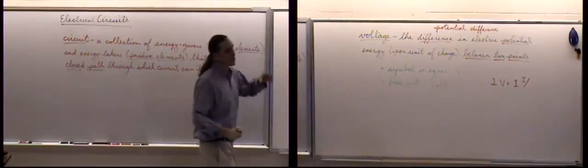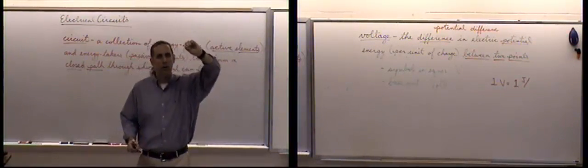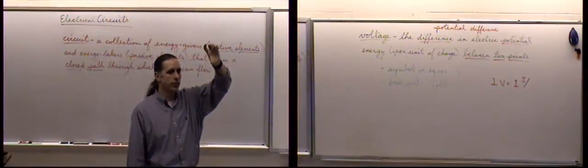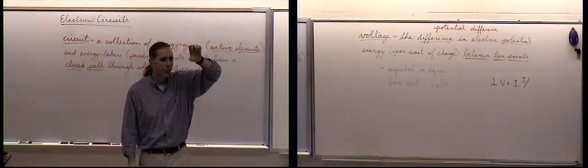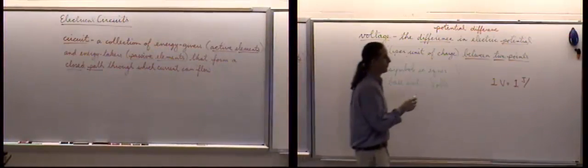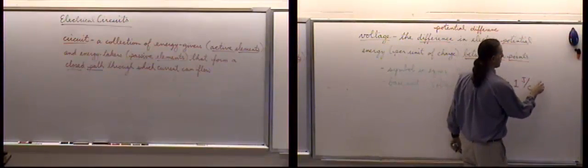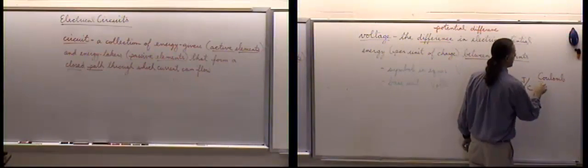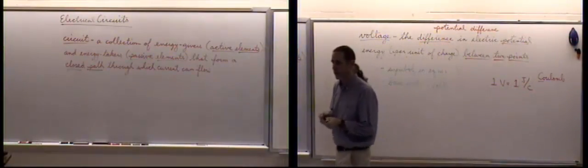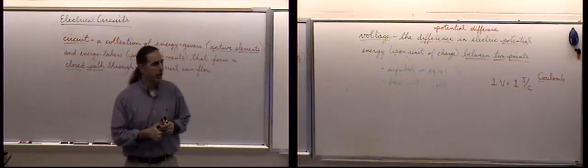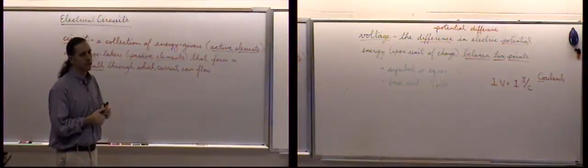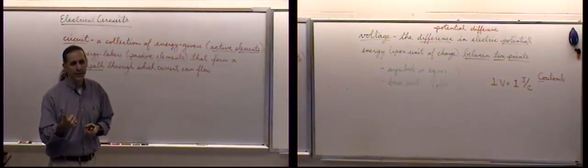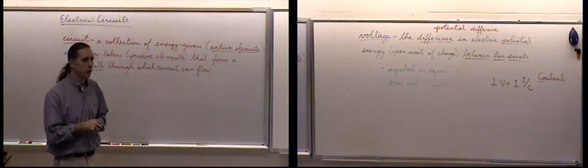So it's the difference in energy, joules, per charge. What are the units for charge? Coulombs. So the base unit for charge is a coulomb, C-O-U-L-O-M-B. It's abbreviated with a capital C. So 1 volt is exactly equal to 1 joule per coulomb.